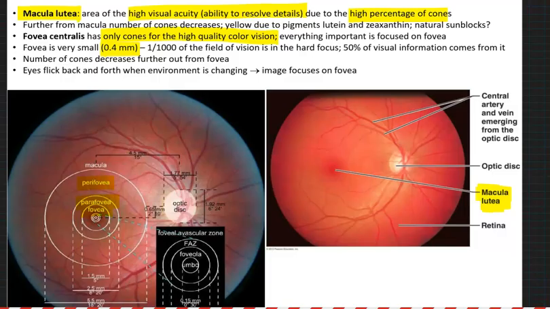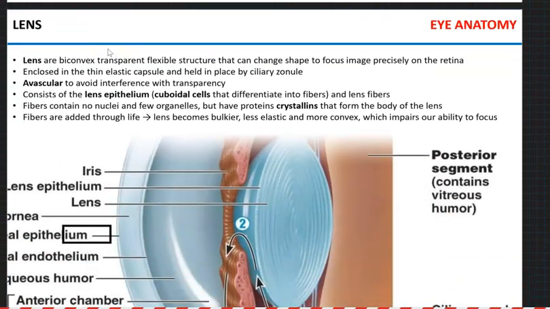When you start moving away from fovea centralis to parafovea and perifovea and periphery of the eye, the number of cones decreases. Does that make sense? And that's why peripheral vision is rods, and it doesn't have that high acuity.